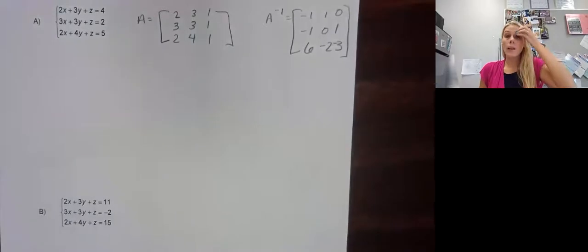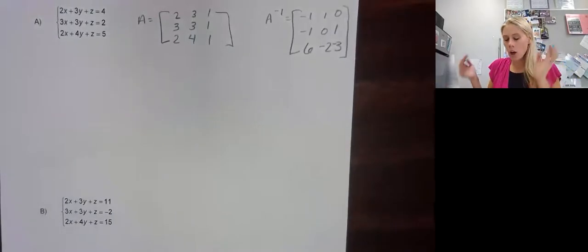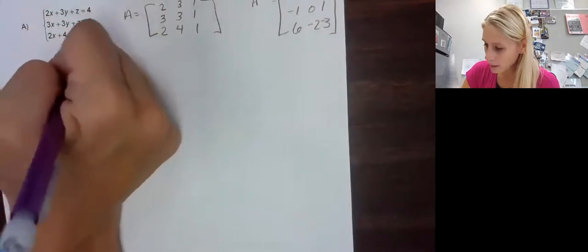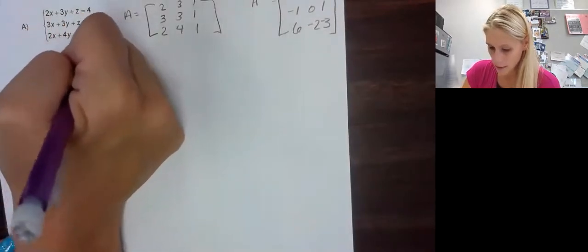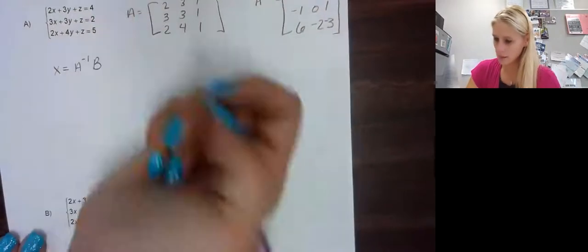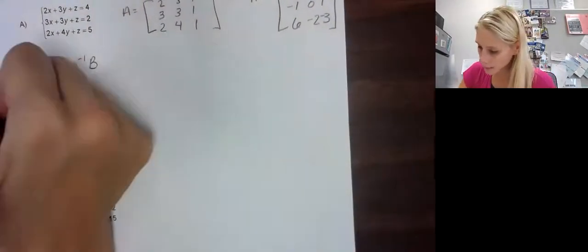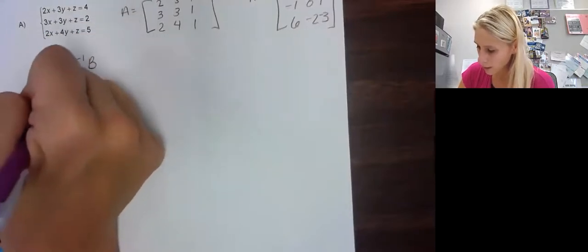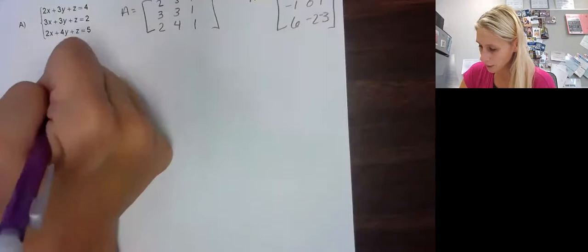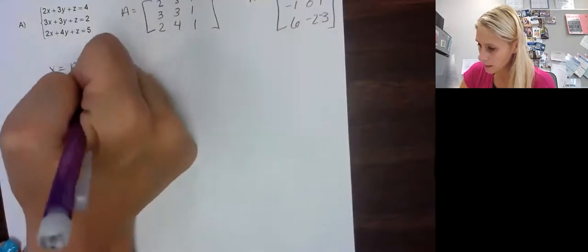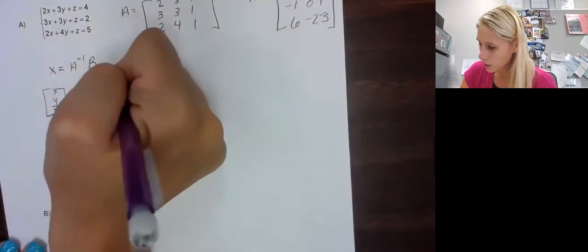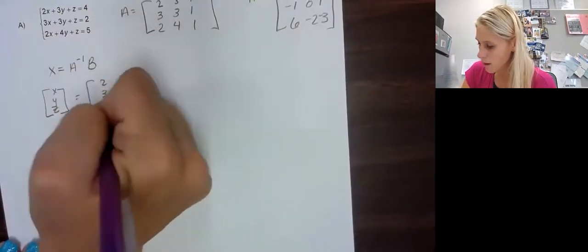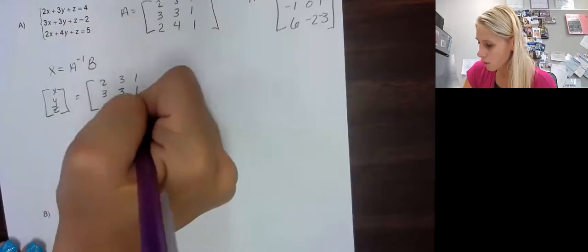So when we have the inverse, luckily, because we did all that work for it already, we can automatically set up that X equals the inverse times our constant, right? Now here's the thing. That means our variable X, Y, Z matrix equals this 2, 3, 1, 3, 3, 1, 2, 4, 1.